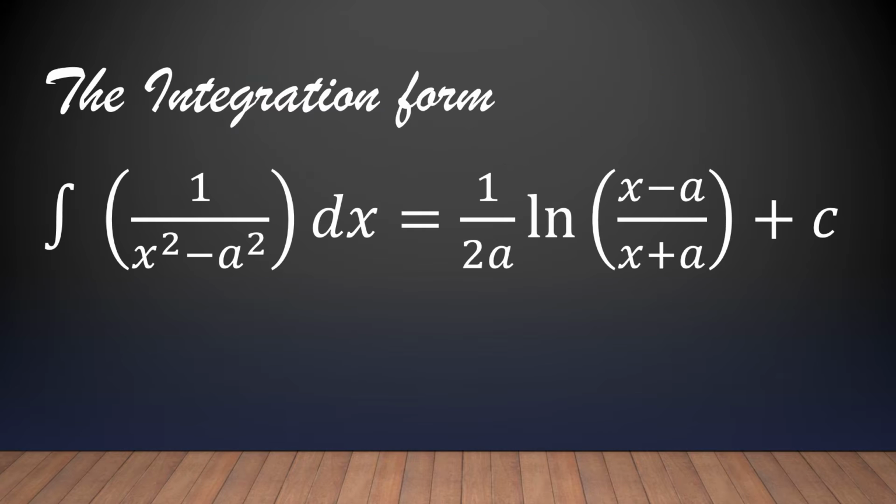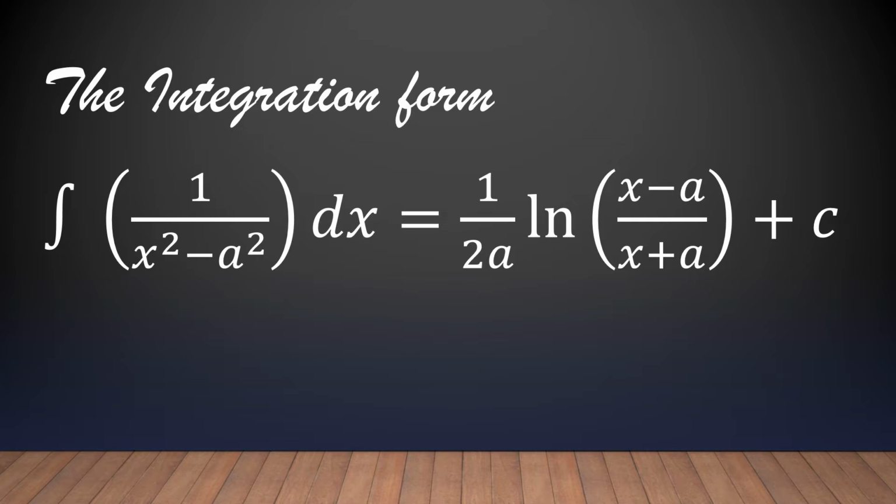Having said so, we have this form here: the integral of 1 over x squared minus a squared. This is what you expect to get as the outcome or the solution to this kind of integral. That's the reason I'm calling them special integration forms.